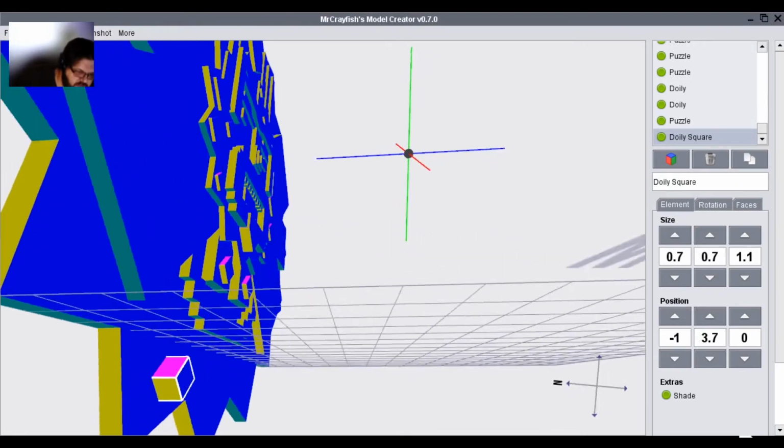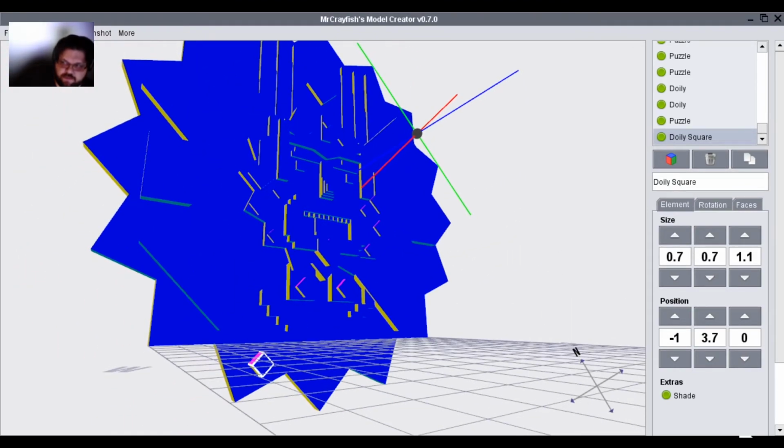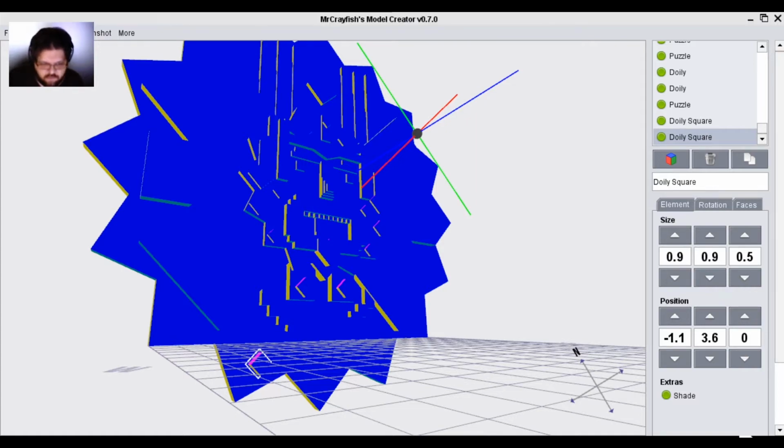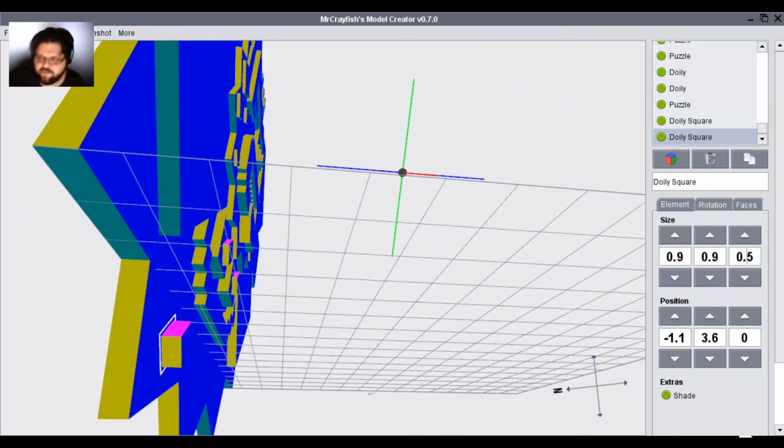Oh God, that is so far out. 0.5? Okay, how about 0.6? 7?